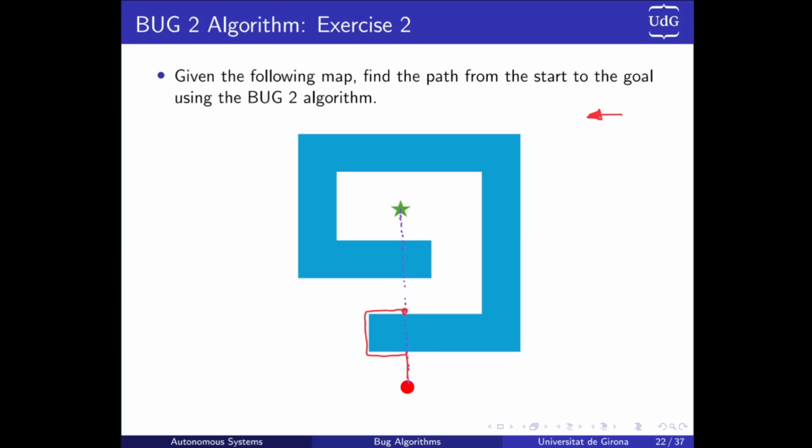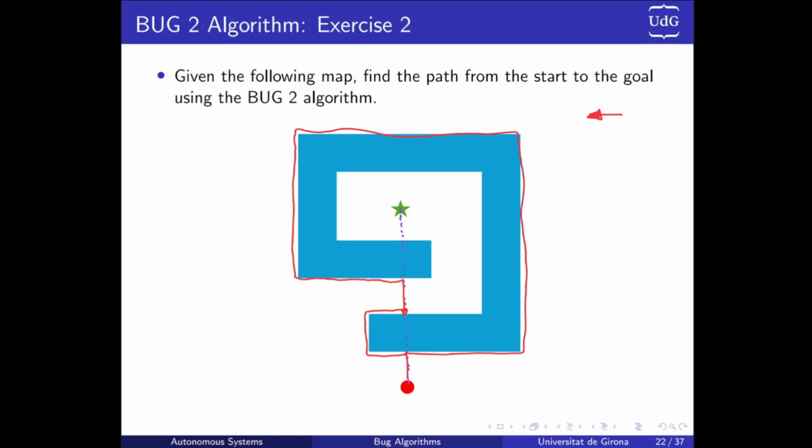Okay, we reach a hit with the line and it's closer to the goal, then we just move around here. We start following the obstacle. This is going to take a while. Follow the obstacle, follow the obstacle, follow the obstacle. Here we reach again the M line.